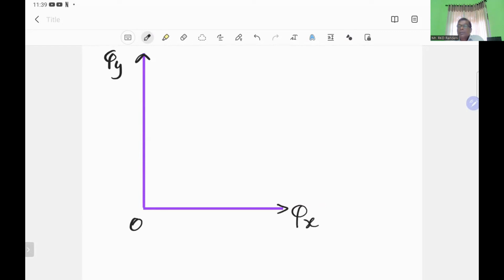Now, there are so many commodity bundles from X and Y. You can find them in this area. There are 1,000 bundles, how much from Y, how much from X, like that. Then there are some bundles that give equal satisfaction.